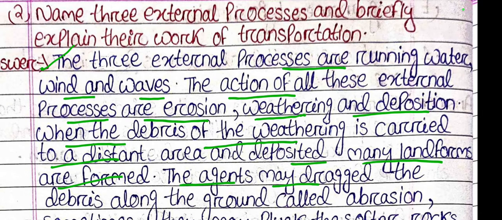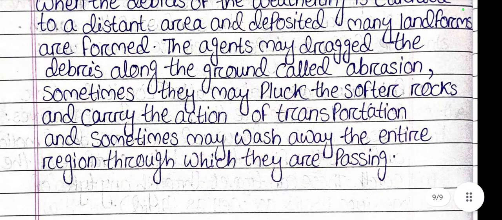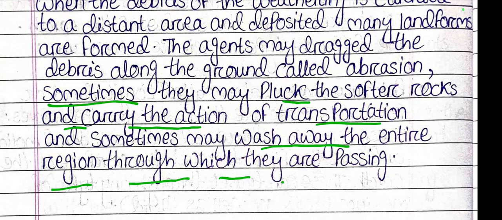The agents may drag the debris along the ground, called abrasion. Sometimes they may block the softer rocks and carry them for transportation, and sometimes they may wash away the entire region through which they are passing.